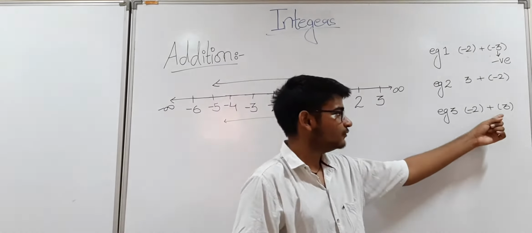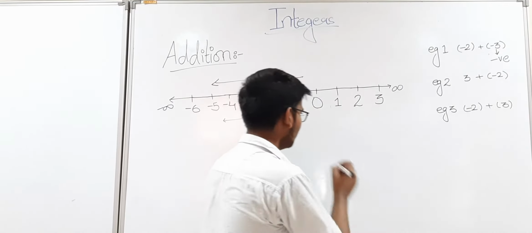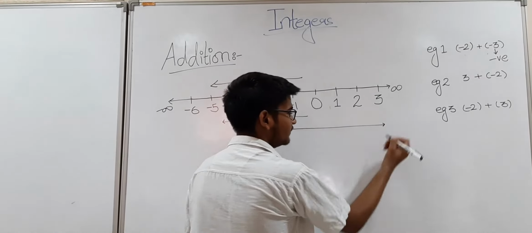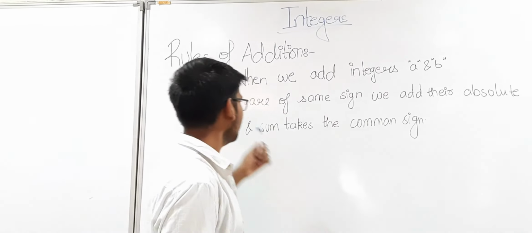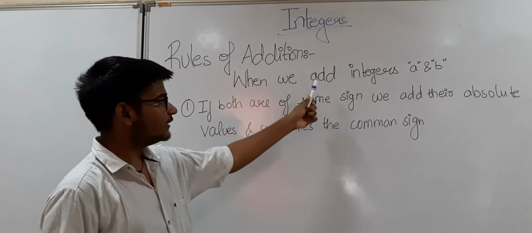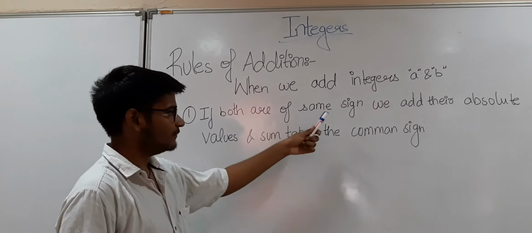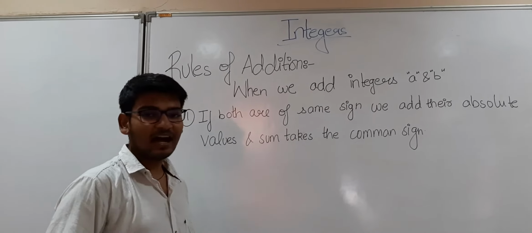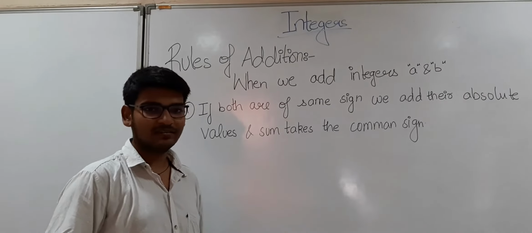And when we have to add a positive integer to a negative integer, we will move towards the positive integer side. So the first rule of addition is, when we add integers a and b, if both are of same sign, then we add their absolute values and the sum takes the common sign.